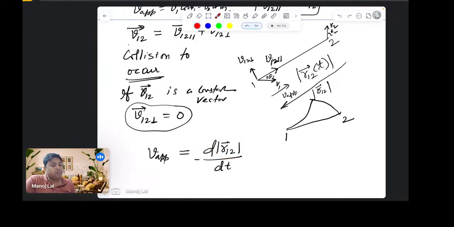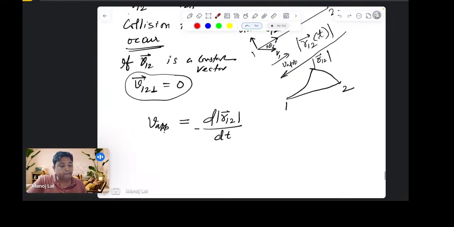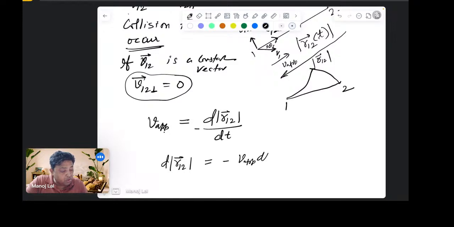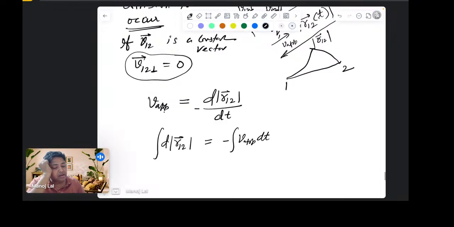Let me write it in a better way. We can write d R12 vector, mod of that, is minus V approach into dt. Yes or no? If I integrate it, what will I get?